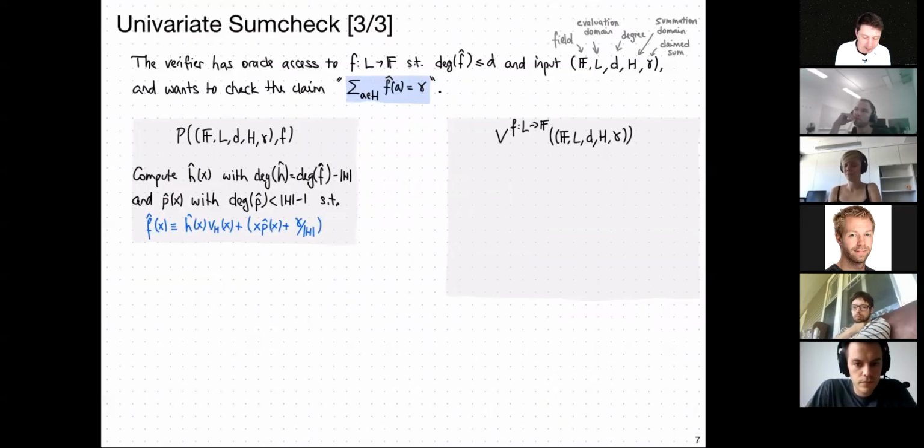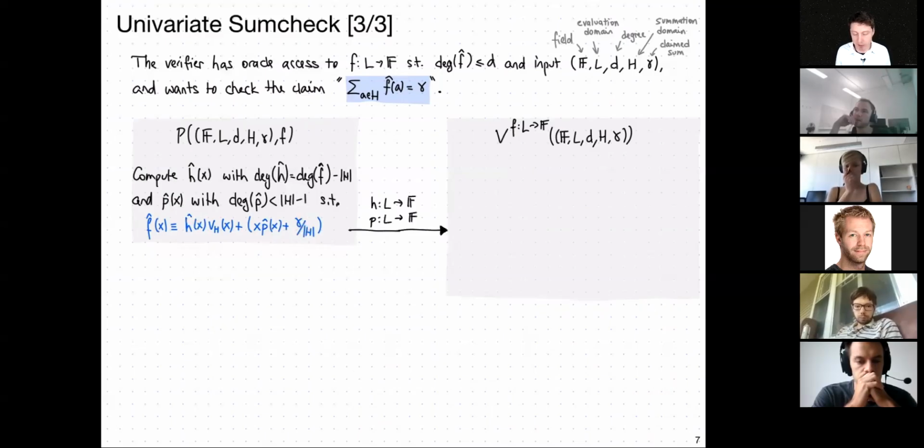What you want to prove is that the remainder has a specific constant term. So you're going to pull out from that remainder all the non-zero powers, and then put in yourself the constant term, and you're going to send H and P to the verifier.